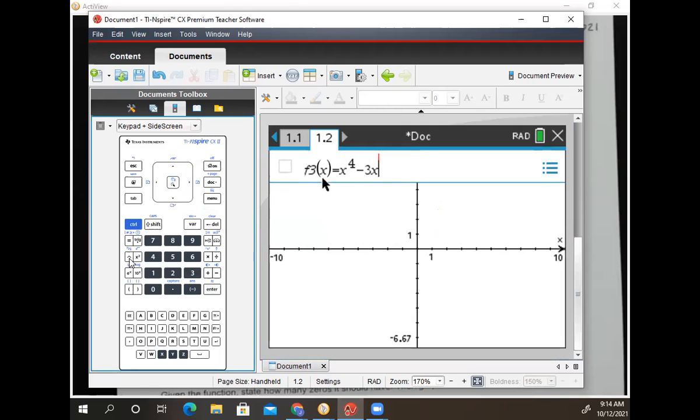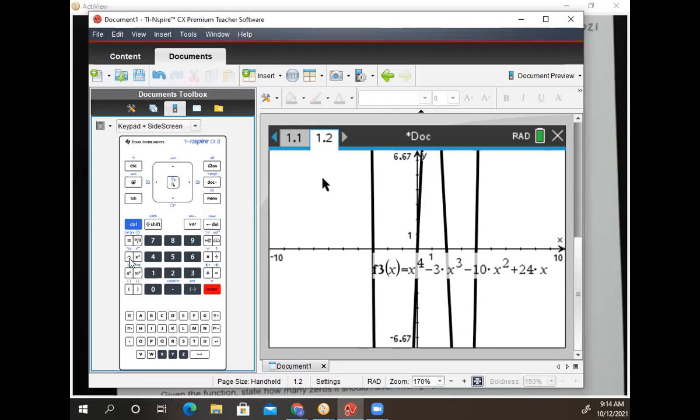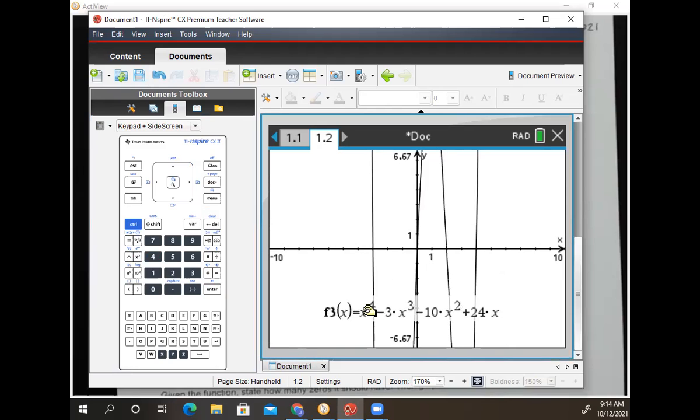Minus 3x, caret key again, cubed, arrow out, minus 10x squared plus 24x. There's my next function, and the last one that we need the x-intercepts for in this top table.